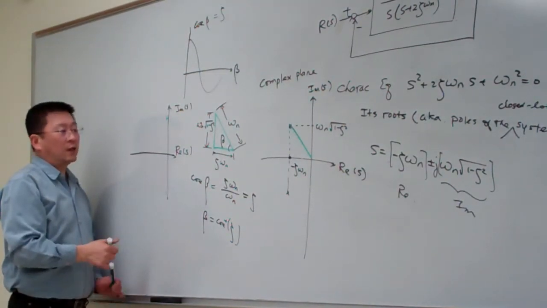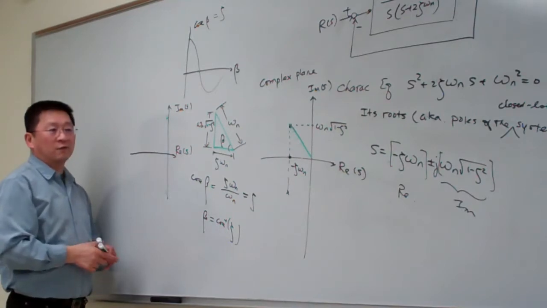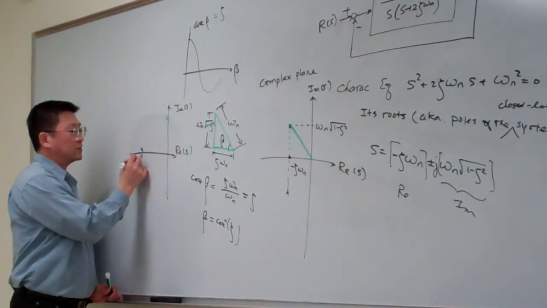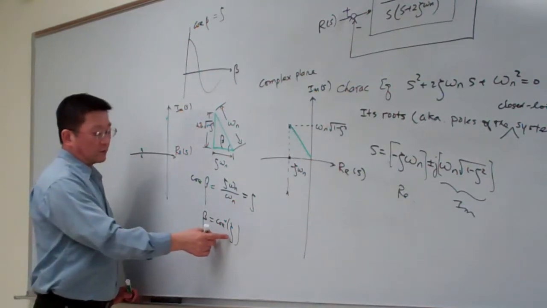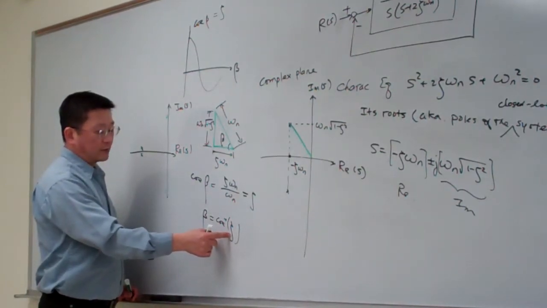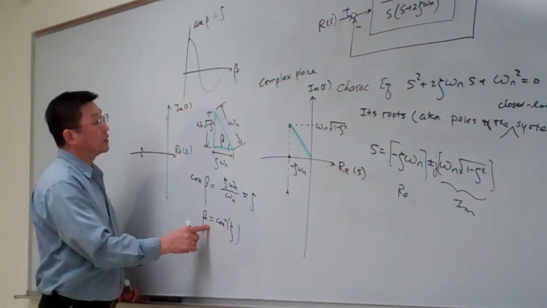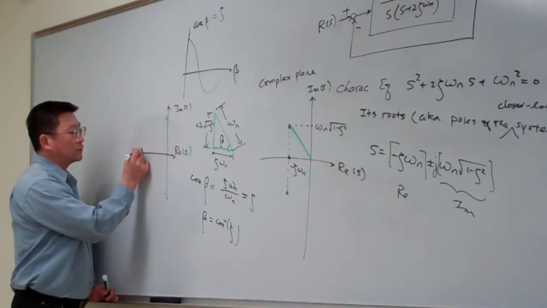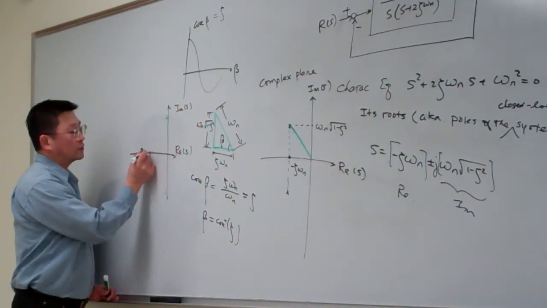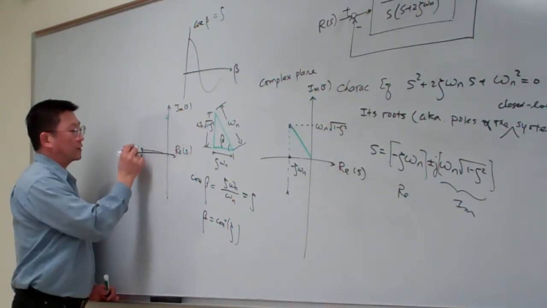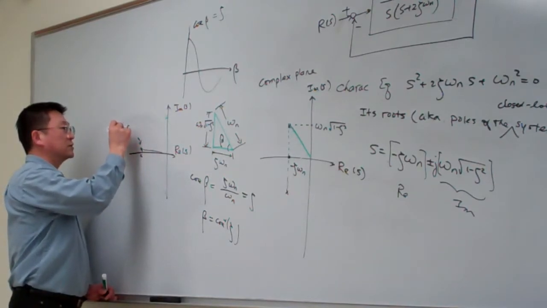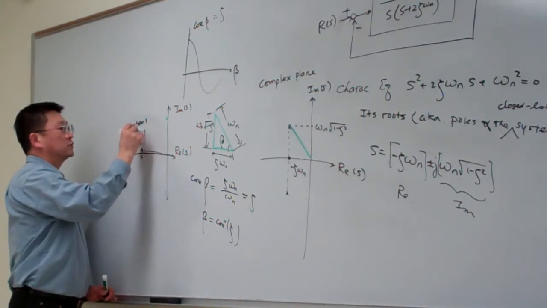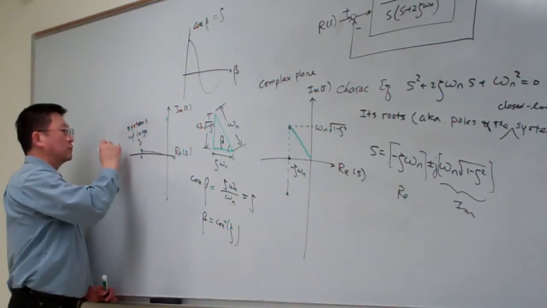Okay. And for a system with a very large damping ratio, for example here we have a system like this. If the damping ratio is close to 1, then basically beta is close to 0. Okay, so that is a system with the damping ratio something like this. So basically this one corresponds to the systems with large damping ratio.